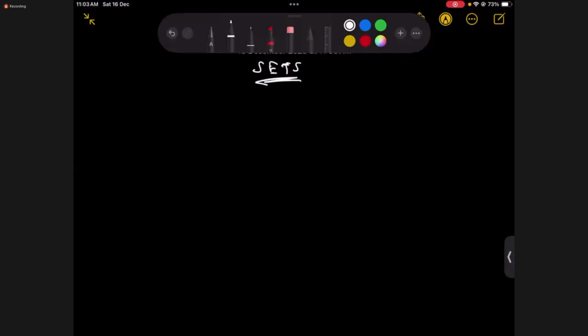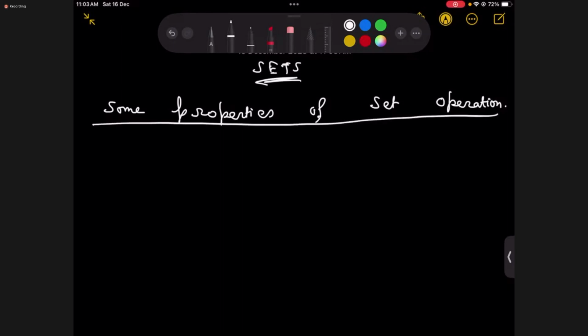Okay, so some properties of set operations.